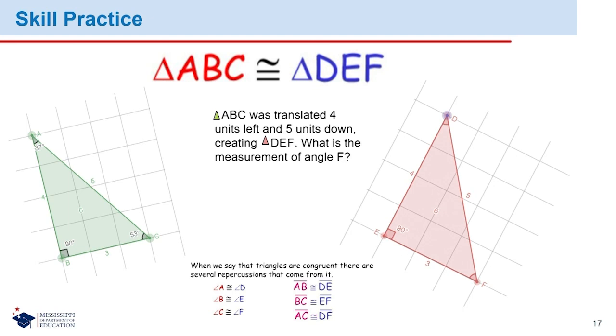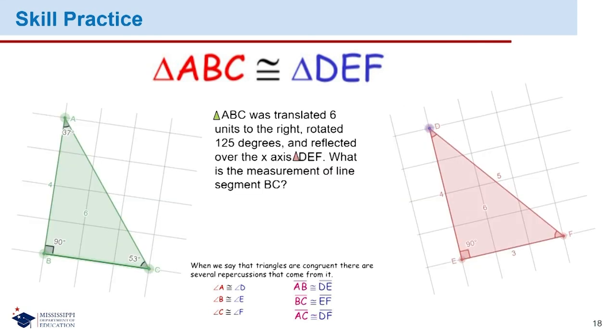So given that information, angle F is in the same place as angle C. So what is angle C? Good, 53 degrees. So the answer is 53 degrees. Angle C and angle F are congruent, meaning the same.